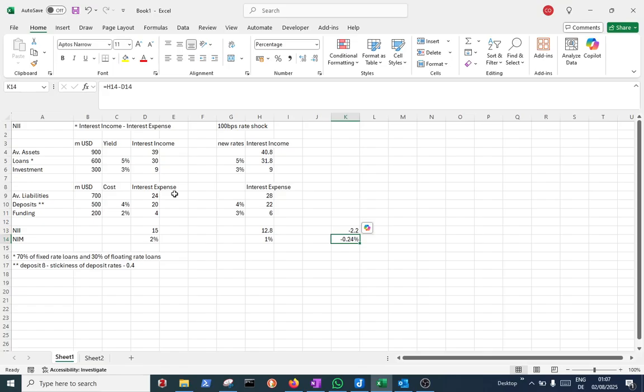And another point is that net interest income is only one of the income positions. Apart from net interest income, we have transaction fees, trading fees, and all sorts of fees which we regard as, let's say, non-interest income.